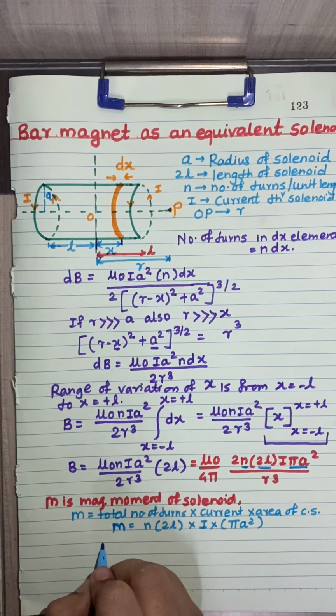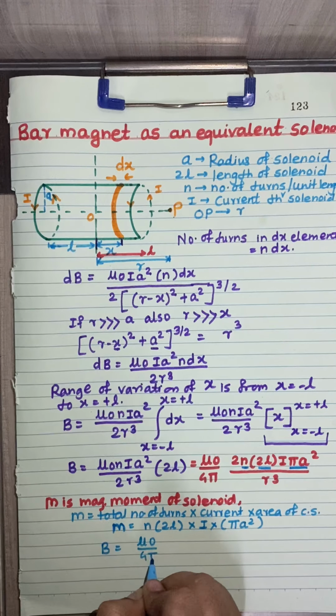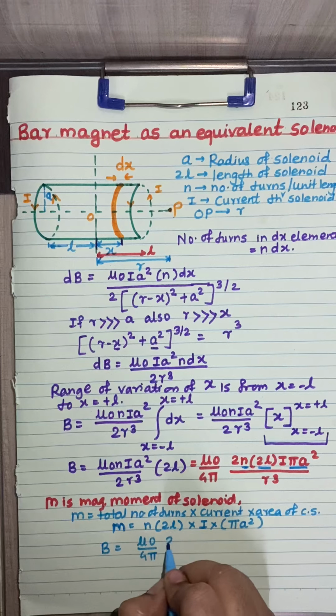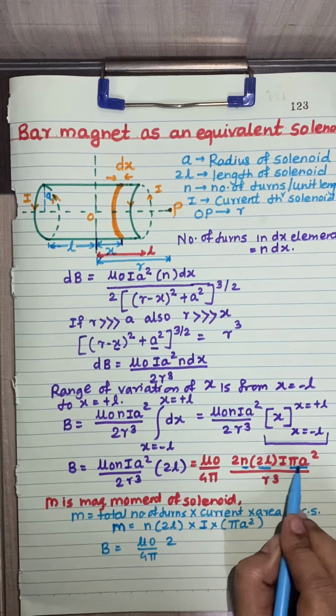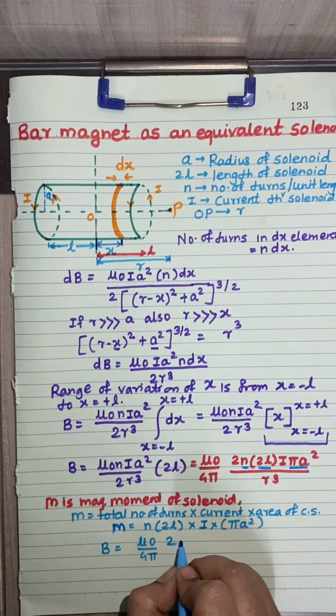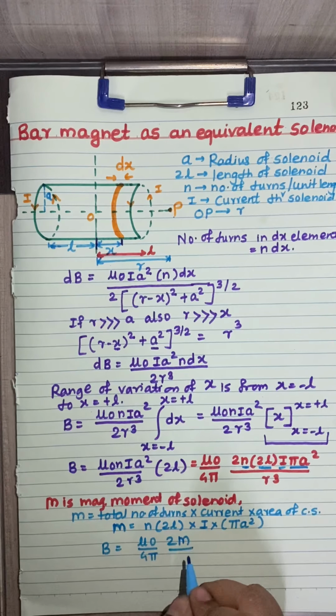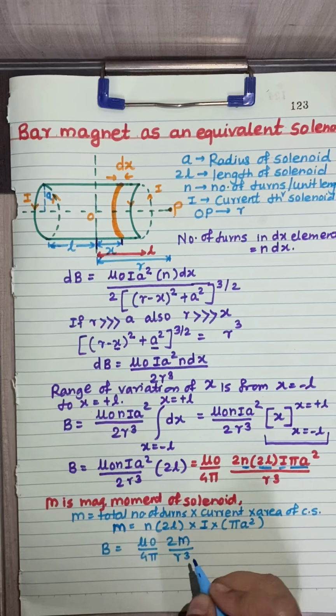Okay, and therefore I can write down here B is equal to mu naught upon 4 pi, then we have 2, because this complete factor becomes m, isn't it? So we have 2m divided by r cube.